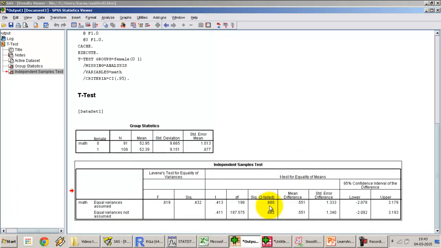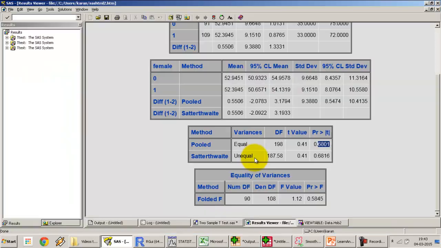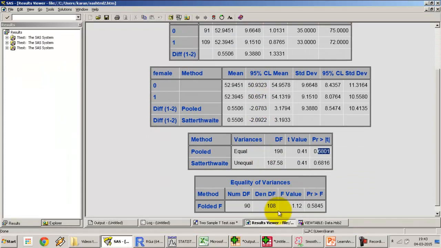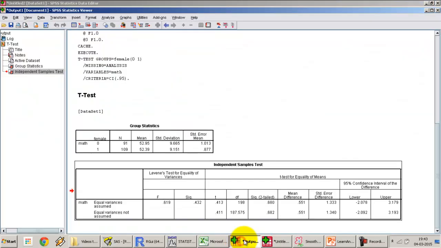So we actually get the exact same result in SPSS as well. So we have to look at the significance column in SPSS. All the other values remain the same. Again, we have just done a two sample t-test on SPSS.